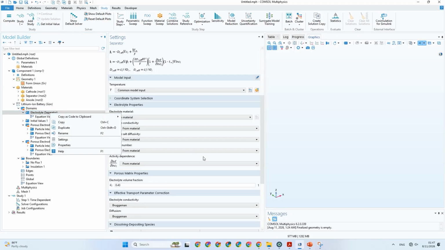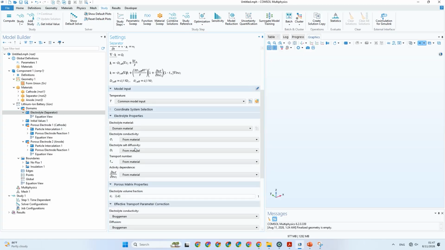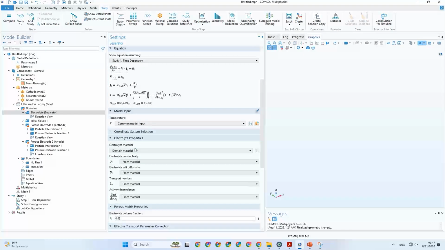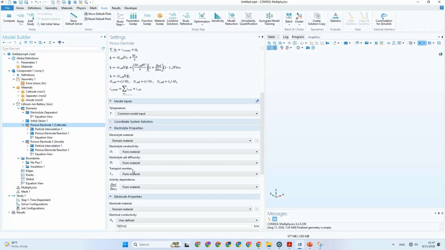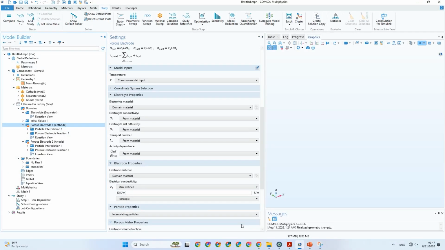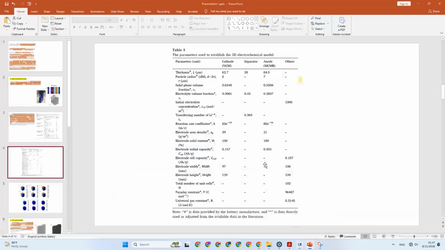I don't know why. Because we have transport number here, and also here we have transport number. And in the table, it just refers to separator. Maybe we can use 0 for them.